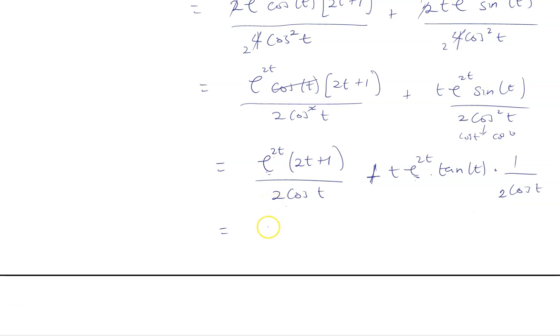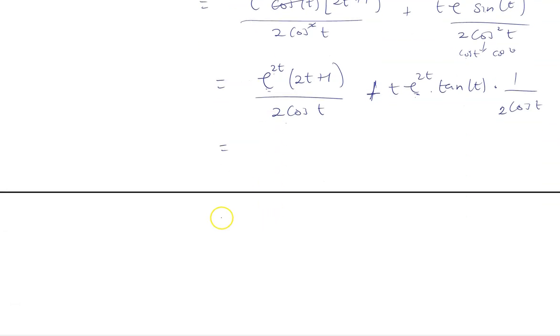I'm going to get, let me write it down. So I'm going to get e^2t on 2 cos t. So how do I have here? I'm going to get (2t plus 1), right, plus t e^2t tan t.